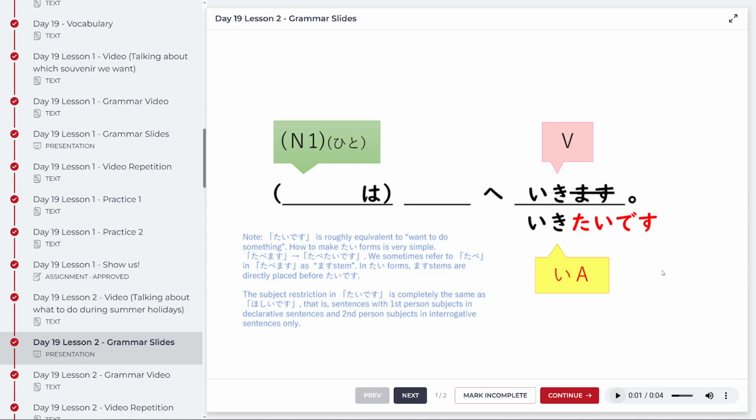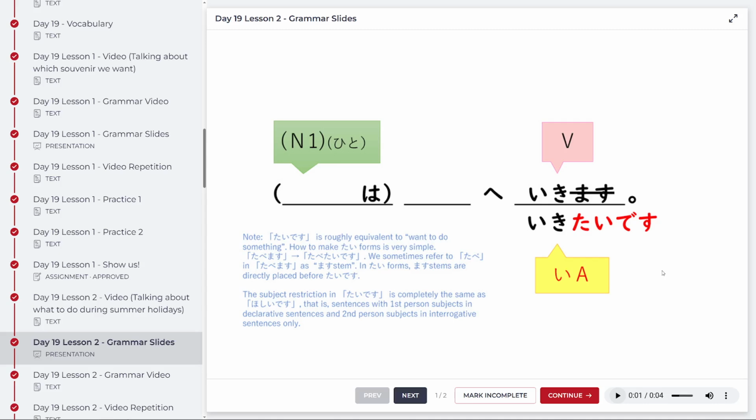Mas stems are directly placed before tai. The subject restriction in tai is completely the same as hoshi. What have we been saying in the first lesson? What was that new word?